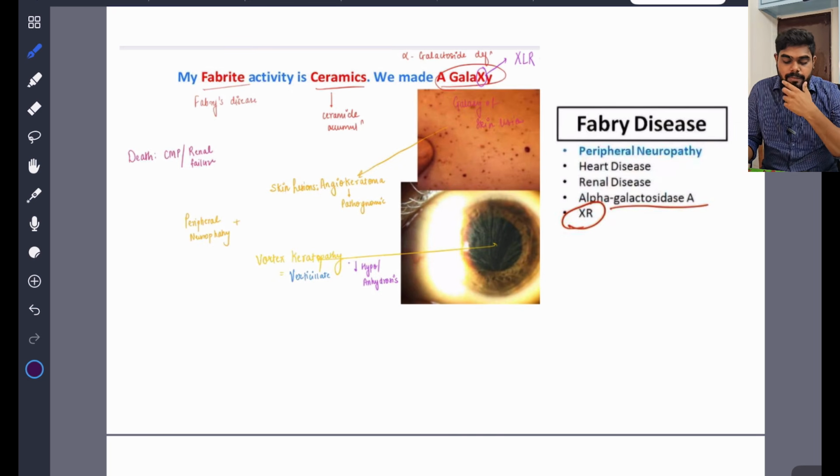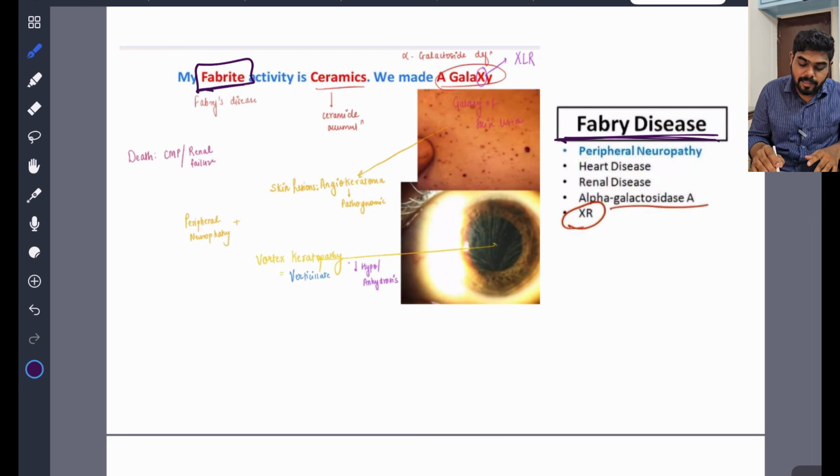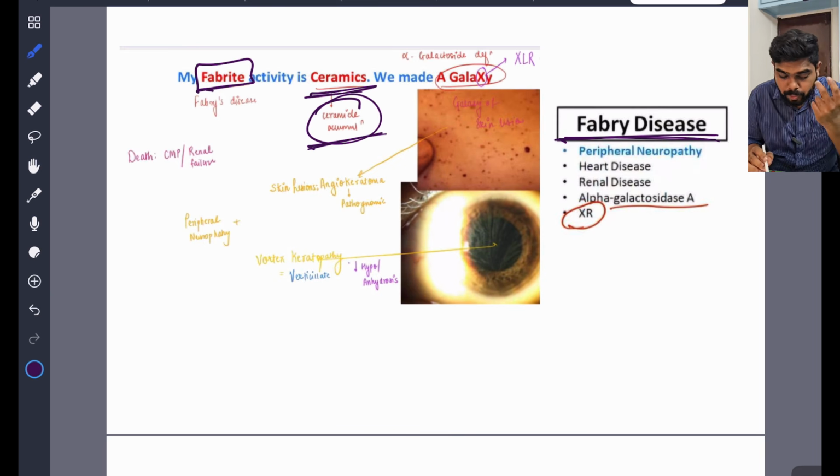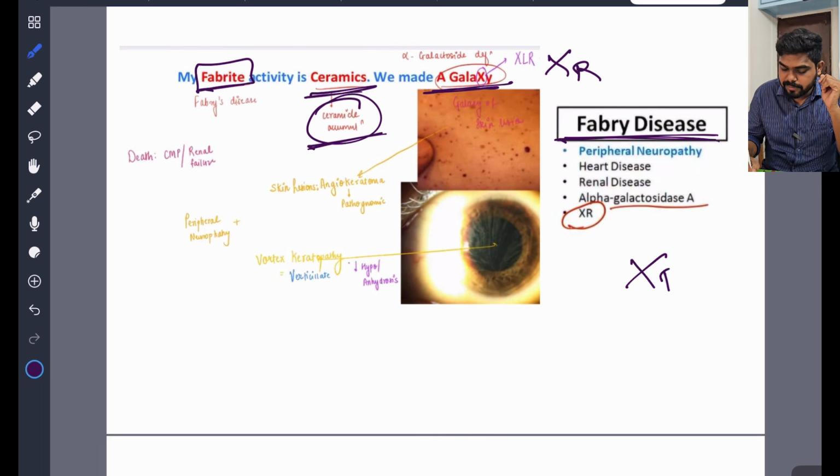Now we are going to see my favorite activity, ceramics. We made a galaxy. Fabry's disease. Ceramide accumulation. Because of ceramide accumulation, we made a galaxy. Only Fabry's disease is X-linked recessive.